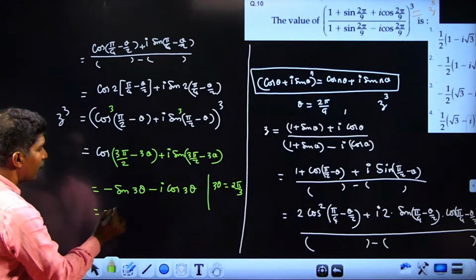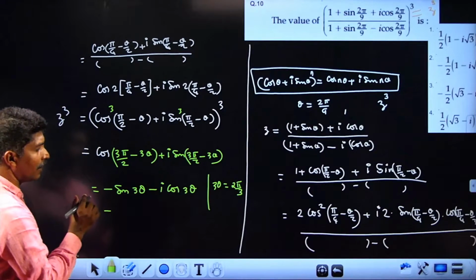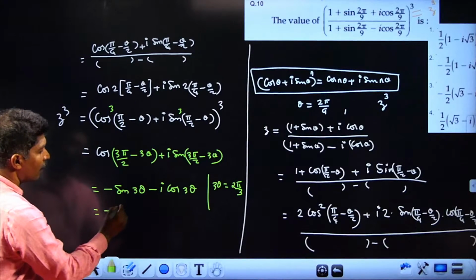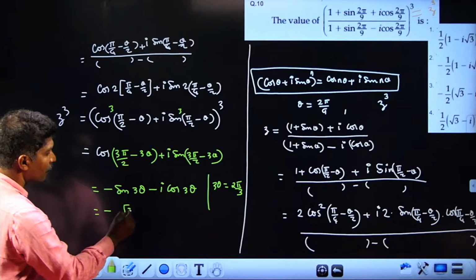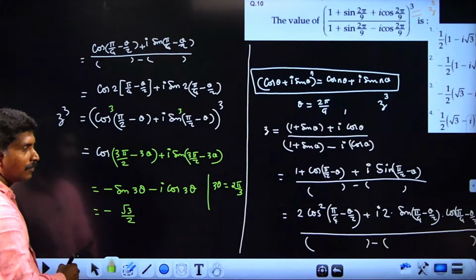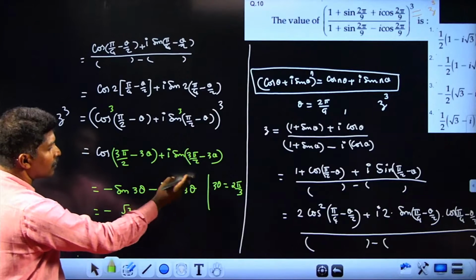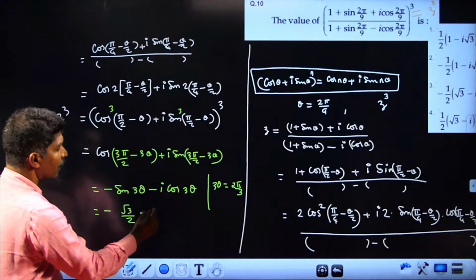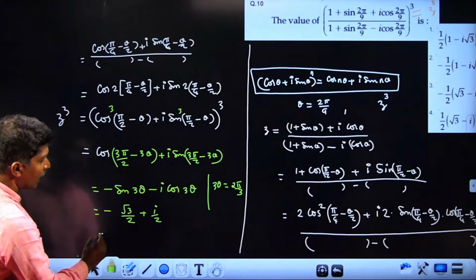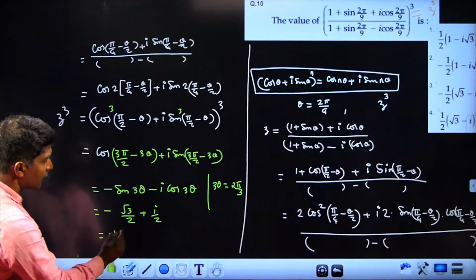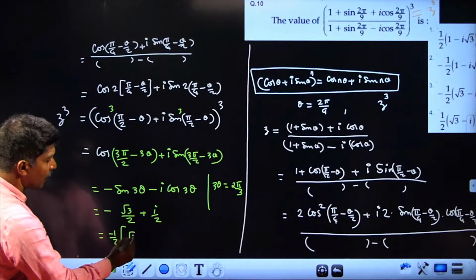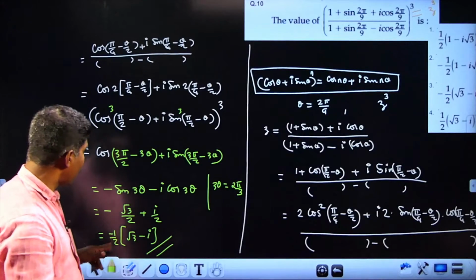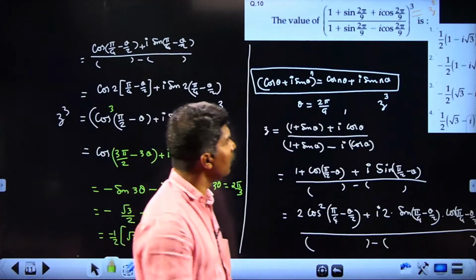That is equal to negative of sine 2 pi/3, negative root 3 by 2. Minus cos 2 pi/3 is equal to minus 1 by 2, so it is plus i by 2. If you take minus 1 by 2 outside, minus 1 by 2 into (root 3 minus i). So the answer is negative 1 by 2 into (root 3 minus i).